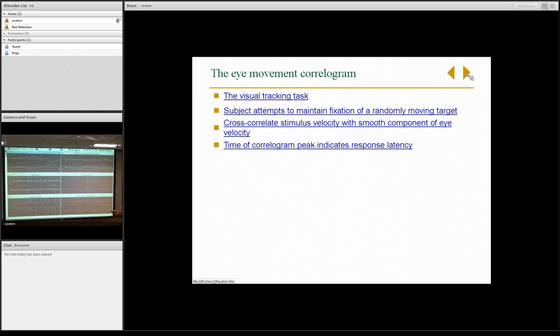Then these white lines above and below the traces are a velocity threshold for our saccade detector. Every time one of these crosses that line, we get a pulse down here that says a saccade occurred. We select the smooth velocities by inverting these pulses and widening them a little bit, and we multiply this times the velocity signals.